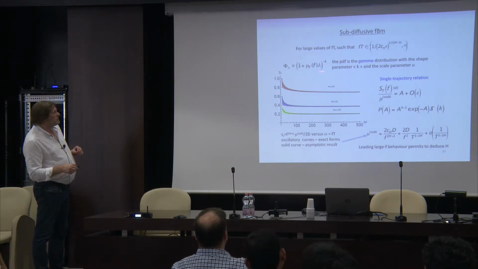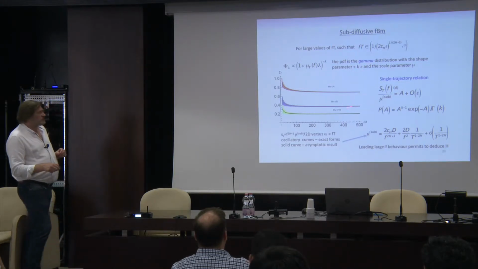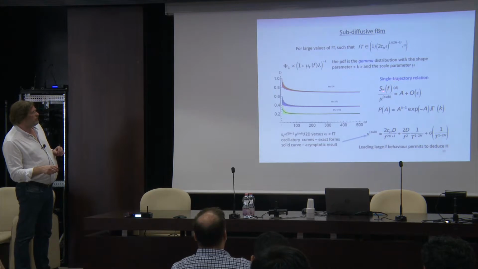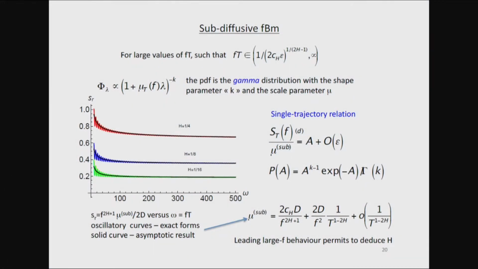In this case, the moment generating function produces a gamma distribution with a shape parameter k. You have a single trajectory relation of this form. Now this is the realization-dependent power spectral density. This is the first moment of it, and in distribution it is equal to this parameter a, which now has a very simple form.